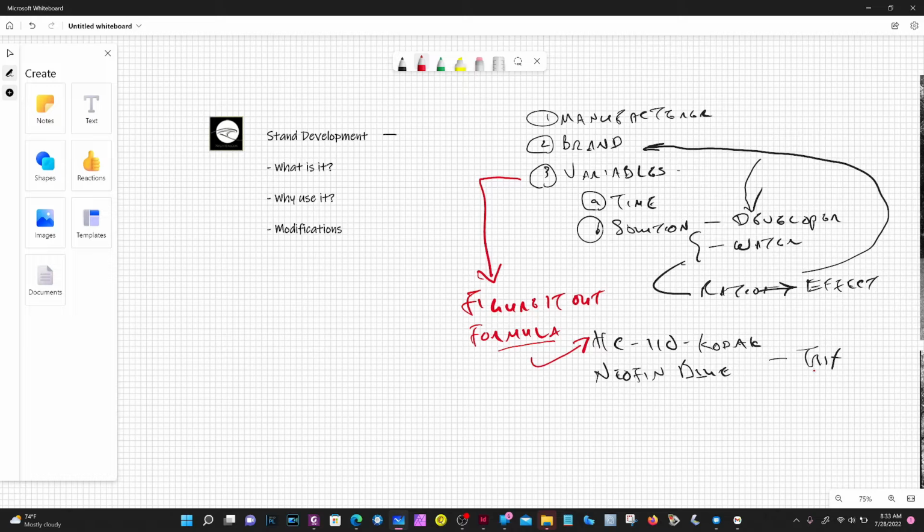Secondly, it's also important to keep in mind that the formulas typically are rated in concentration from A through H, where H uses the least amount of developer, A the most. So if you use A, it is the least amount of time. If you use H, it is the most amount of time.